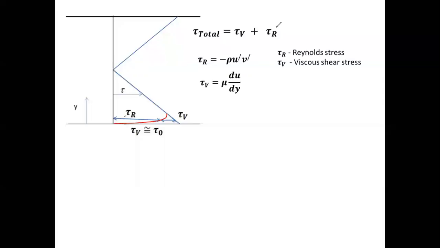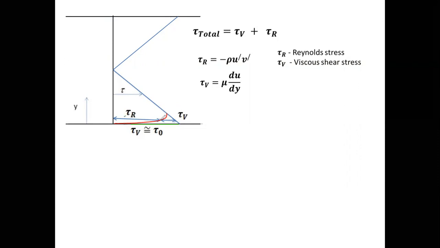Remember, in turbulent flow the total shear stress has two components. One is due to the viscous effect, another is due to the turbulent effect. If you consider the fluid layers near the pipe wall, tau v is significant. Near the pipe wall, almost all the shear stress is due to the viscous effect.